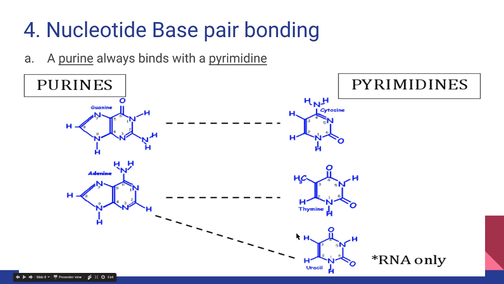Now, nucleotide base pair bonding. There are two main types of bases. The purines always bind with a pyrimidine. The purines have two rings, while the pyrimidines have one ring. Cytosine, thymine, and uracil are the pyrimidines, while guanine and adenine are the purines.